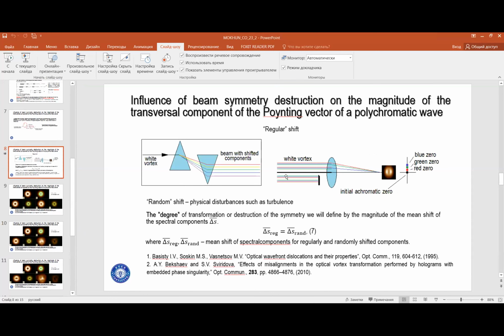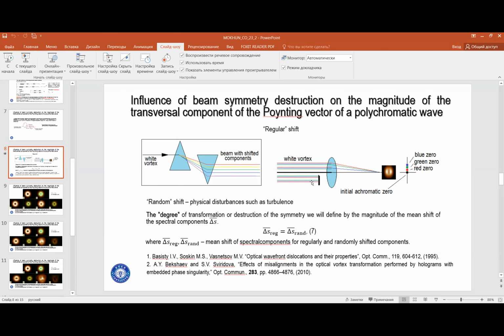This is not difficult, at least for regular shift of spectral components, like here, for example, when we can analyze the diffraction from the white vortex by this screen.